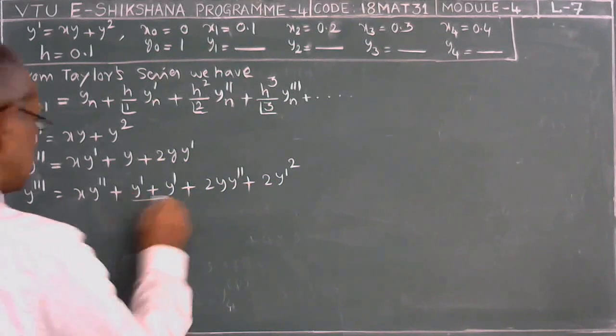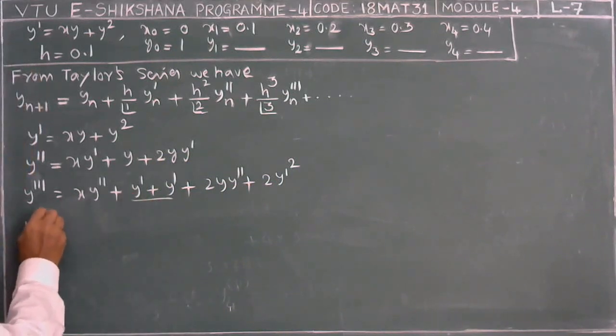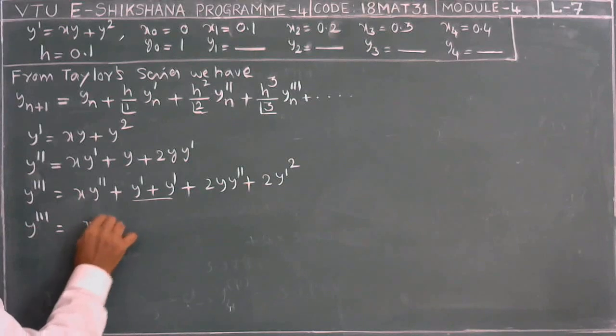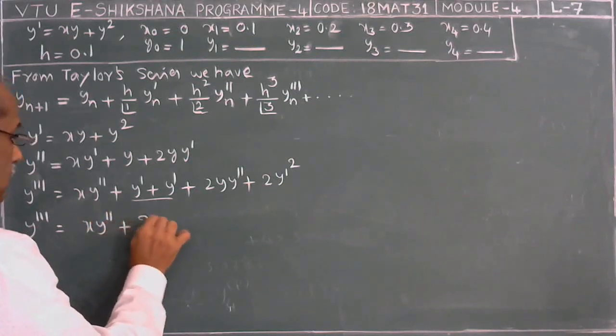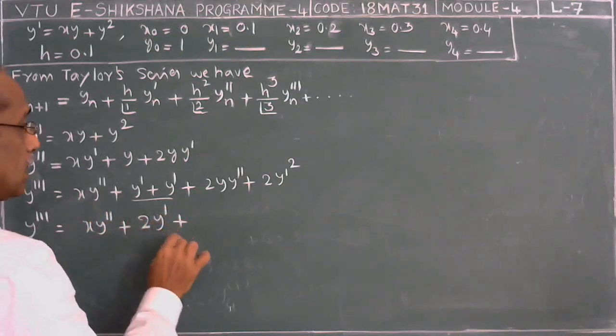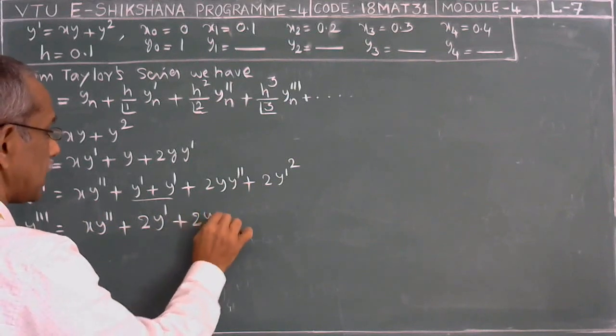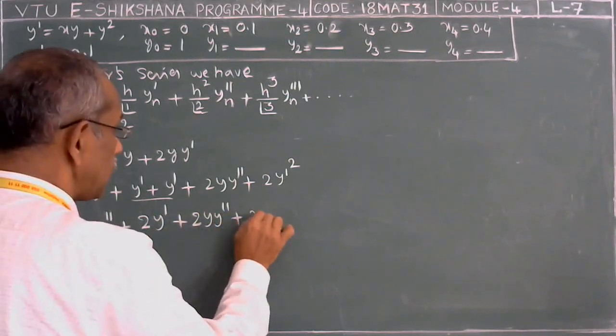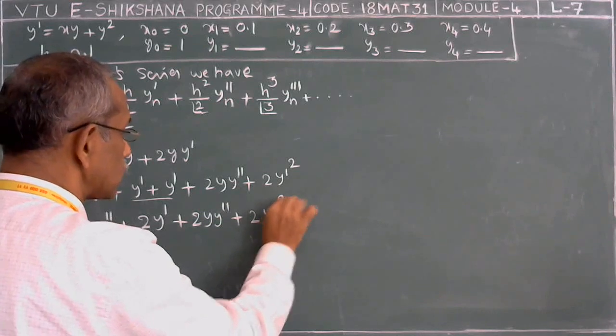So I can club these two. So y triple dash is x into y double dash plus 2 into y dash plus 2y y double dash plus 2 y dash square.